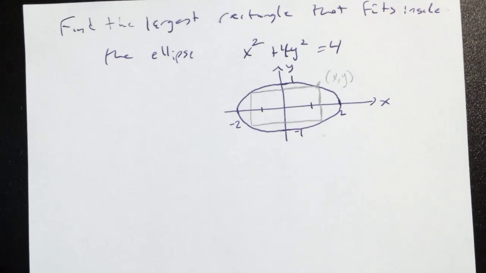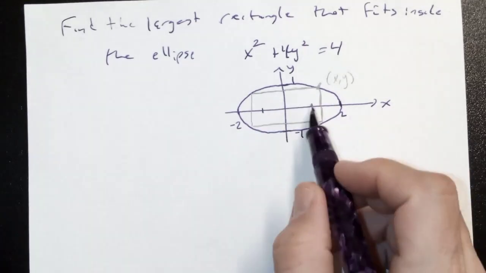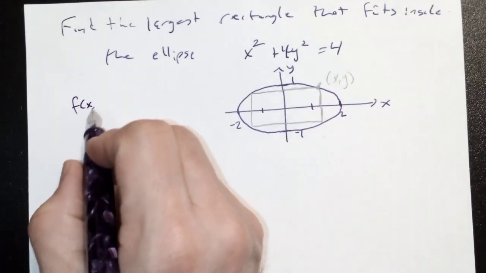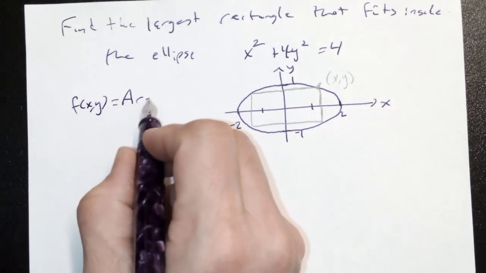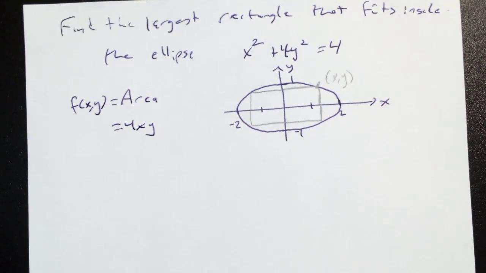Aha. The area of the piece in this corner is length times width, that's x times y, and there are 4 of them. So my f of x y, that is the area, is 4xy. Well, now I know what I'm trying to maximize. I know my restriction.